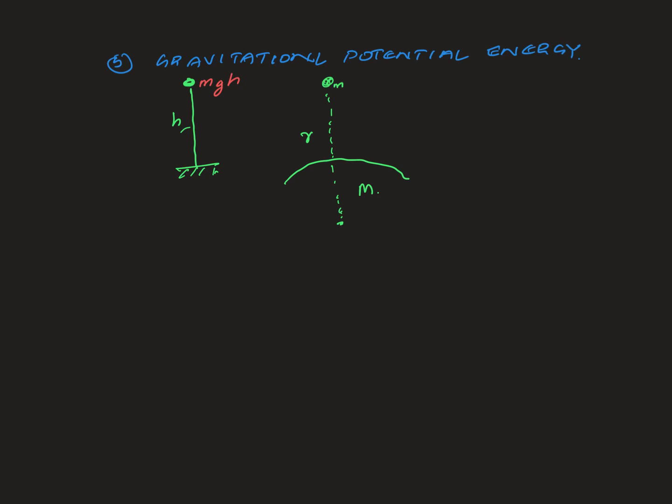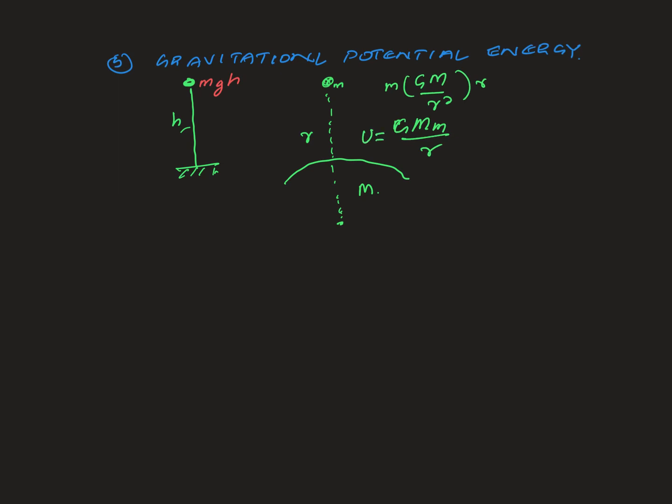So the gravitational potential energy we can give by, small m times, instead of g, we are going to write GM over r squared. And then r, which is the distance from the center of the planet to the mass. So we will find out this is going to be GMm over r. So that's the potential energy, U.